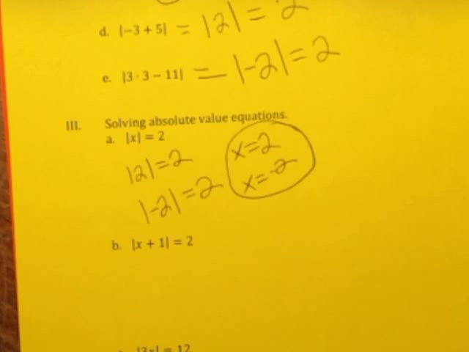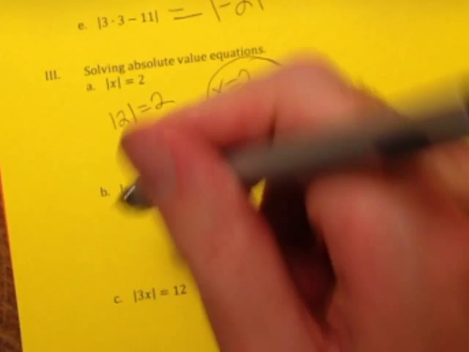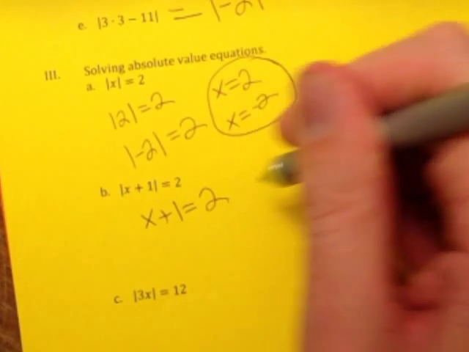They work. So here's the way that we're going to solve absolute value equations. We're going to use that idea. What we have to realize is that we have to do simplifying inside of absolute values first. So what B means when we say absolute value of x plus 1 is 2, it means x plus 1 has to simplify to 2. If x plus 1 simplifies to 2, we'll get a 2.